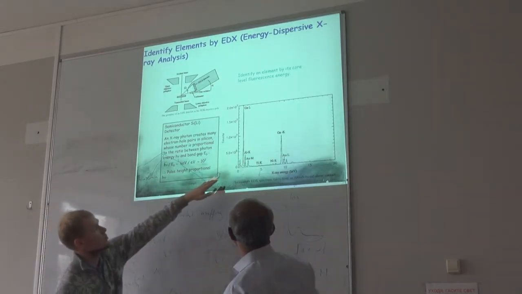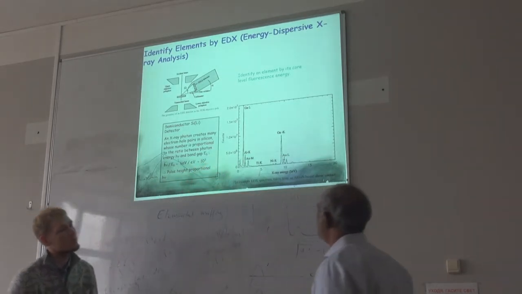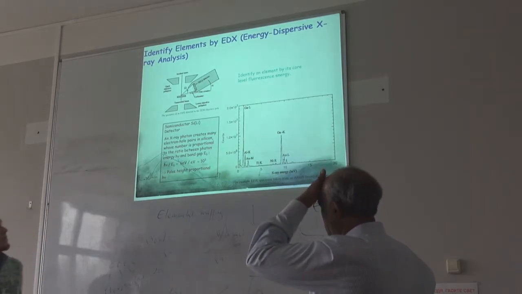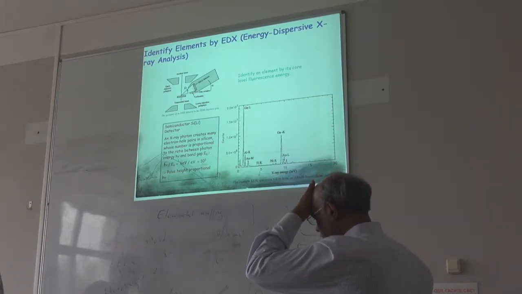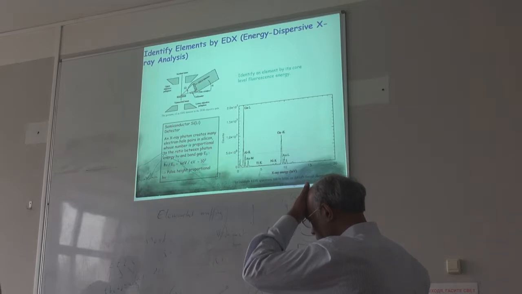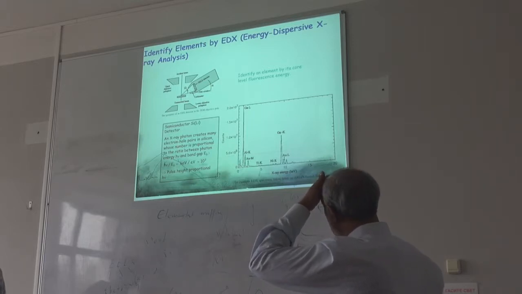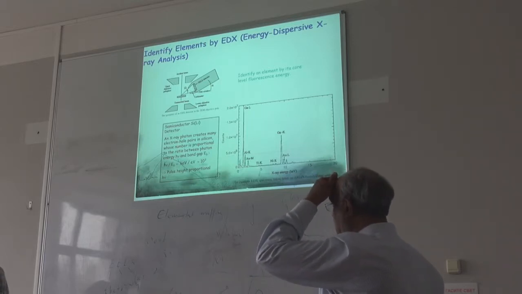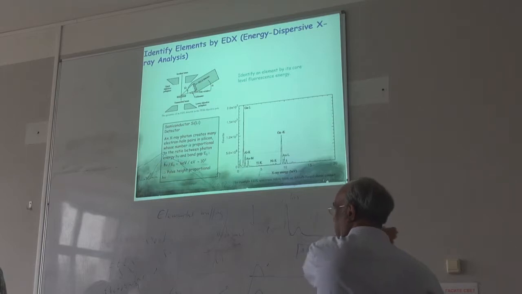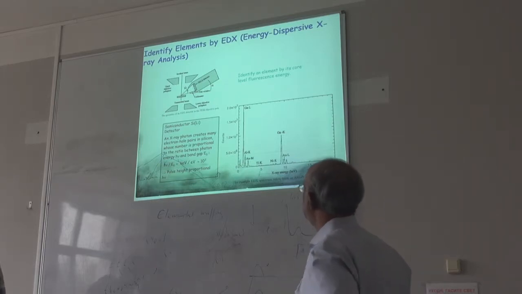And what about resolution? Resolution, I think this is really good. I cannot name the exact numbers, but except for hydrogen and lithium, I think the resolution is really amazing. You can identify boron, beryllium, any of those elements very easily.